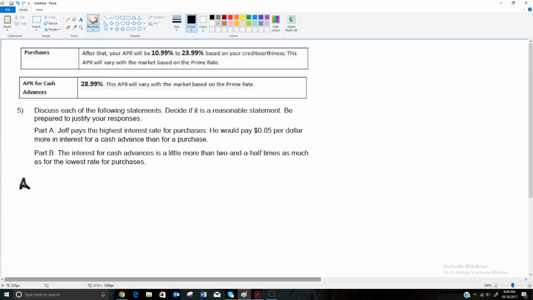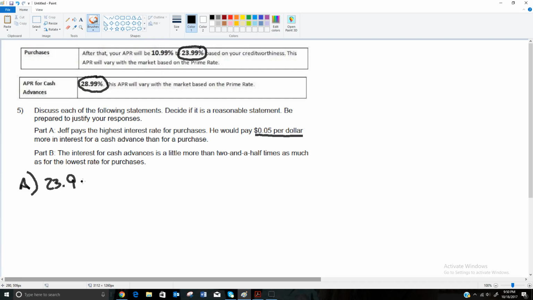So for Part A, Jeff pays the highest rate for purchases. So they're saying he has probably not real good credit and he's paying this amount for his purchases. So it says he would pay 5 cents per dollar more. So let's compare. This is what he would pay for the cash advances. This is what he was paying for things that he purchased. So if we look at the 23.99%, they're trying to find out how much more per dollar he would pay.